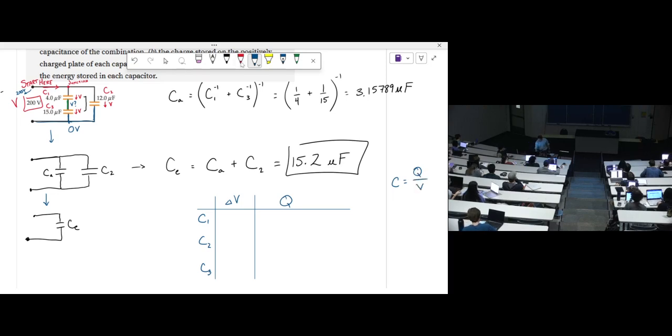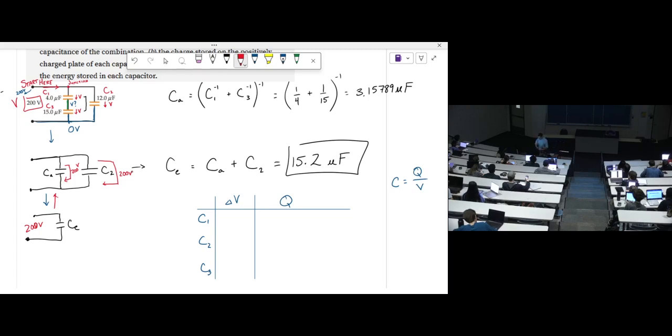Well, if I look at this and start going back the opposite direction, there is 200 volts across my equivalent capacitor. That means that there has to be a 200 volt drop here, and there has to be a 200 volt drop here. The voltage drop across C sub A and C2 is the same, a 200 volt voltage drop.